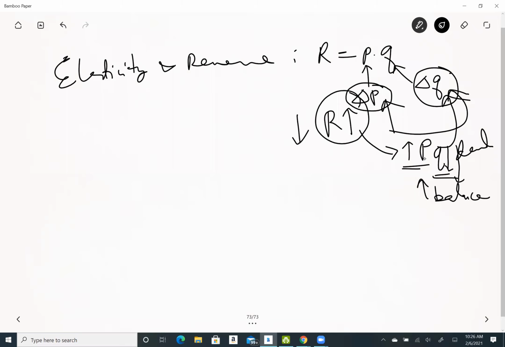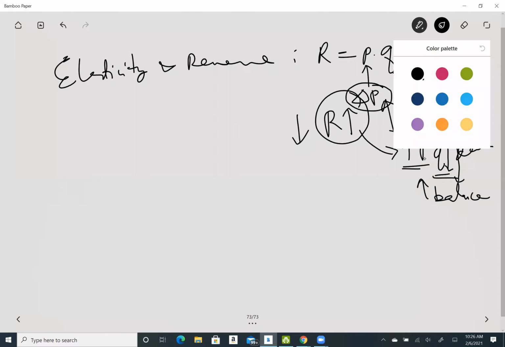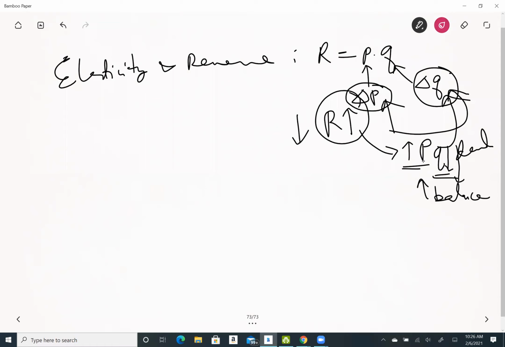Okay, on the other hand, by the same token, we can also argue that if you want to increase your revenue, what can I do? I can decrease my price. If I decrease my price, what about the quantity? Increase. Quantity will go up.